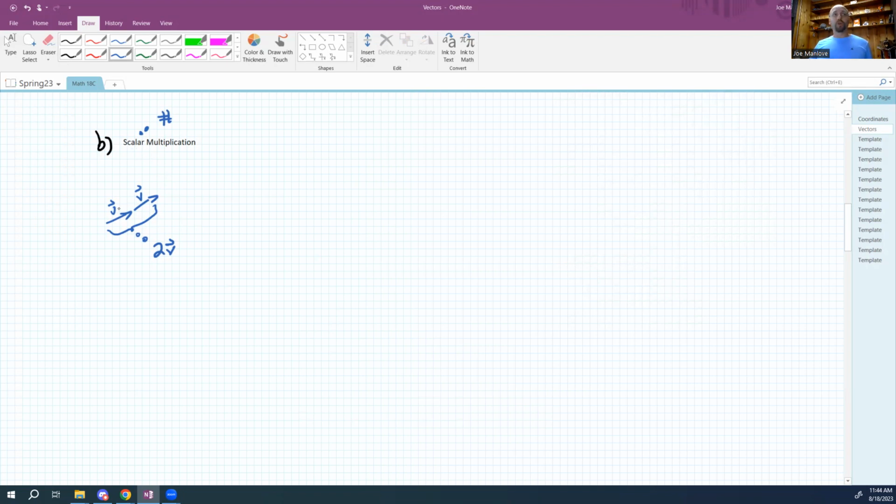Well, picture-wise, I go like this. Here's a vector v, and if I multiply that, I scale that by a scalar a, I'm going to get a new vector that points in the same direction as v, but is now a times as long.